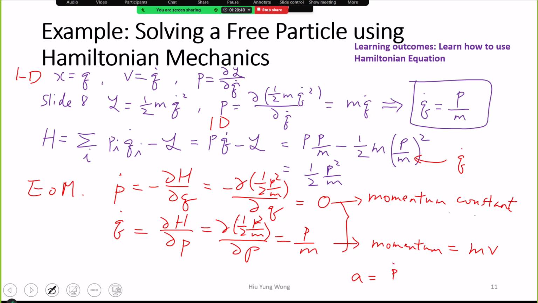The rate of change of momentum equals the force, right? I hope that I'm right. But anyway, this is what a free particle is supposed to be. So again, using Hamiltonian mechanics, I get all the basic things that I expect. So next time, let's look at it from another angle, from another example.